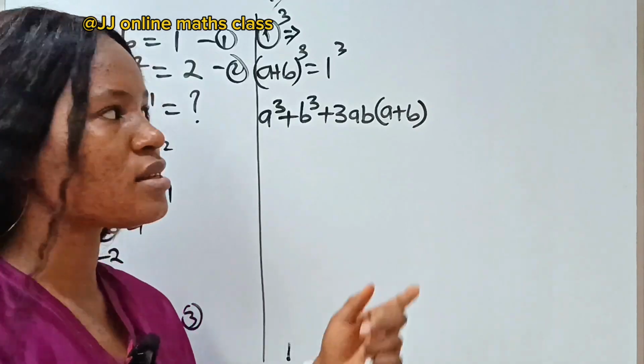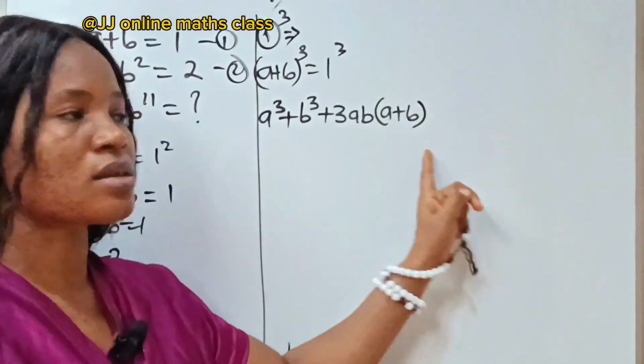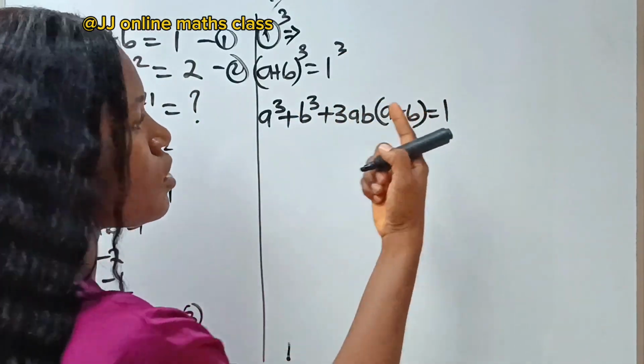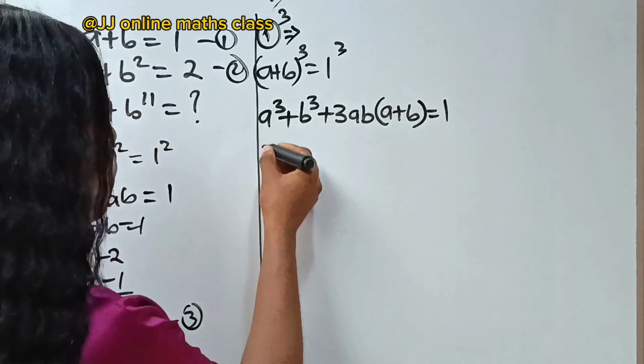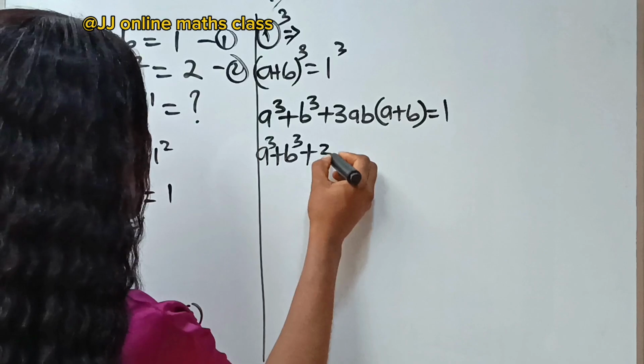It is an identity. If you expand this, you will get this. It is equal to 1, because 1 to the power of 3 is still 1. Now let's continue. We have a to the power of 3 plus b to the power of 3 plus 3 brackets.